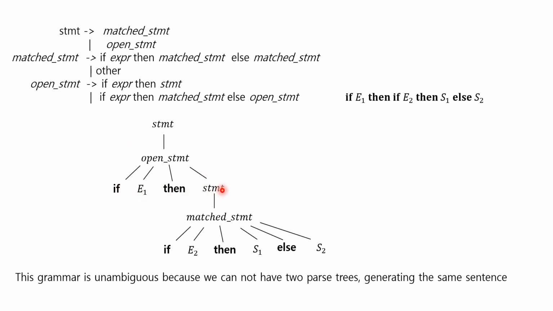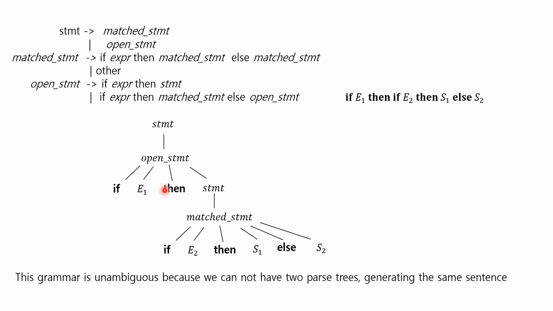From this statement we can have matched statement, and from matched statement we have if expression then matched statement else matched statement. So if E2, which is an occurrence of expression, then matched statement, and S1 following then is other, and else, and S2 following else matched statement, we can have S2.